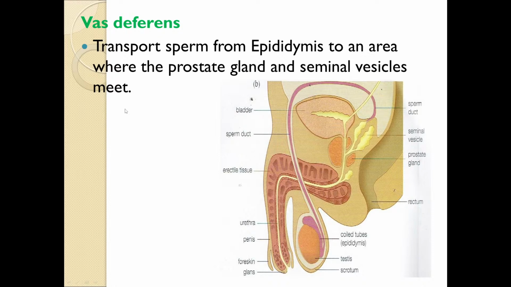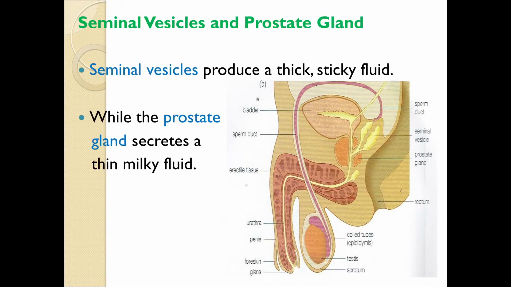It is this long tube that runs from the epididymis and goes all the way up, labeled here as the sperm duct. So the sperm duct is the same thing as the vas deferens, just a change of term. Its function basically is to transport sperm.